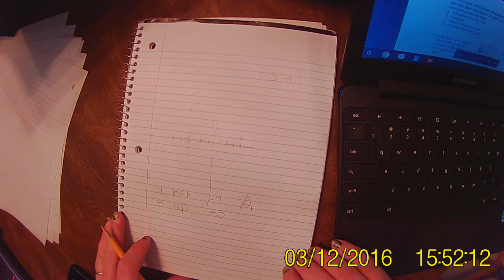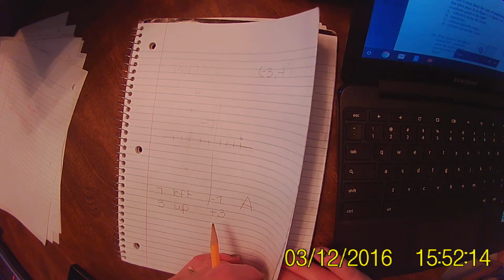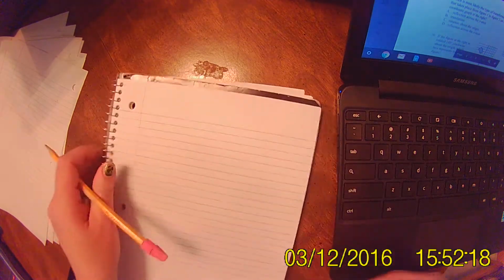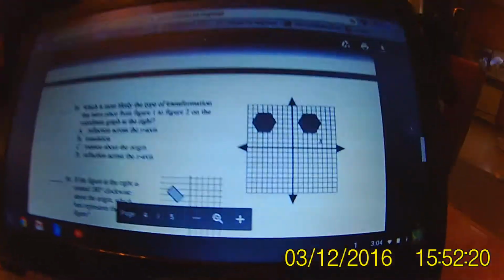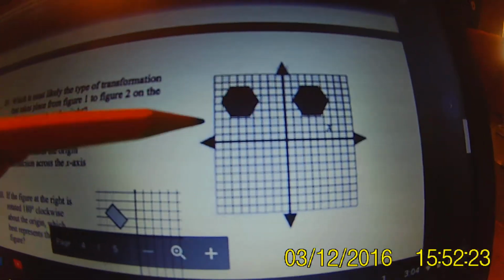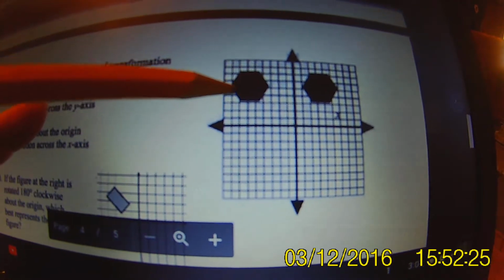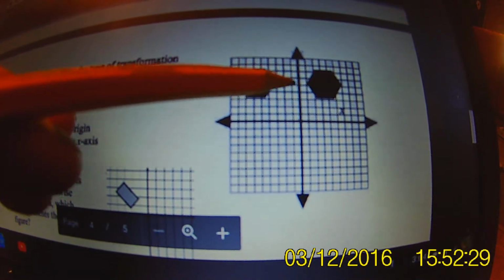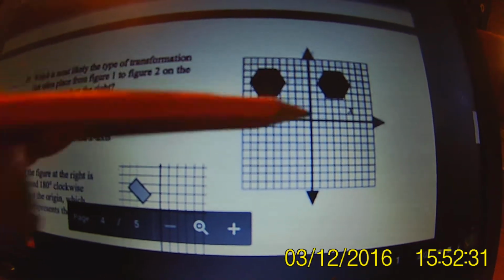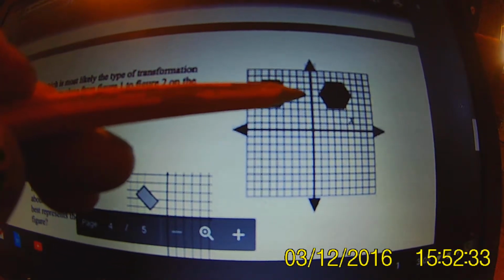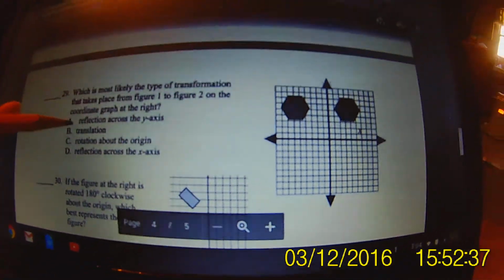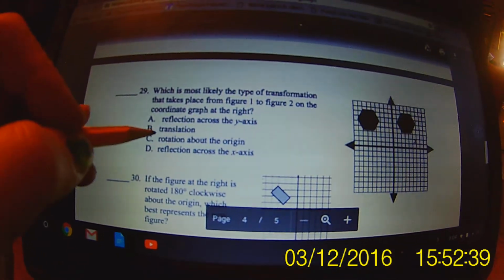Number 29, it says which is most likely the type of transformation going from figure 1 to figure 2. When you look here, it really doesn't matter which one you call figure 1 or figure 2 right now. But if you look at this one, I'm only 1 unit away. So if I was going to reflect across the y-axis, I would only be 1 point, and that's not where my point is. So it cannot be a reflection. Is it a translation?